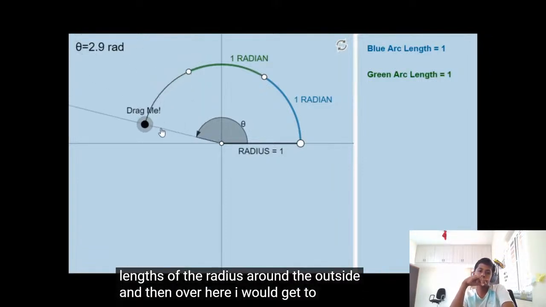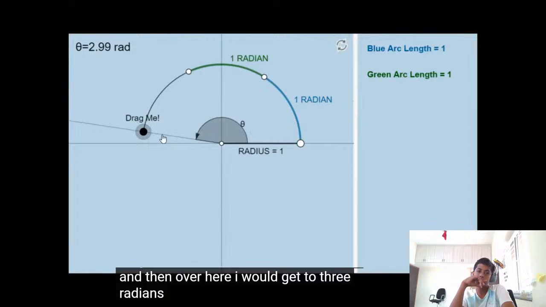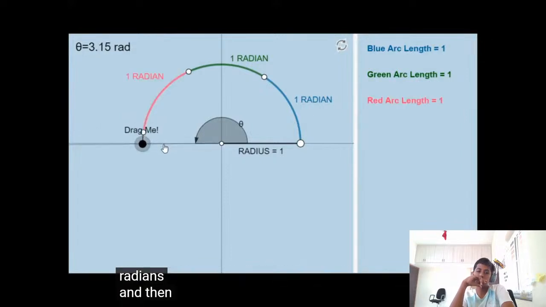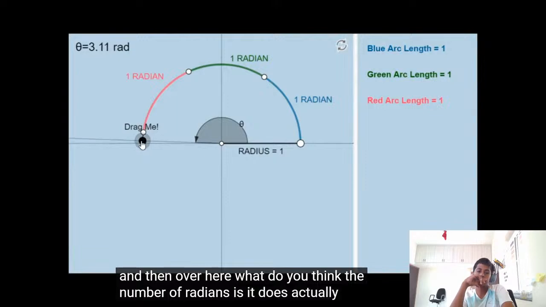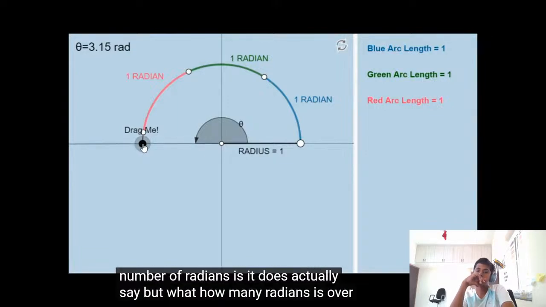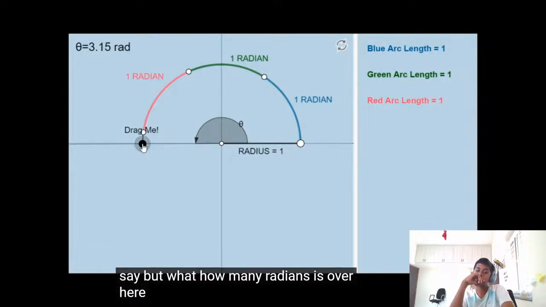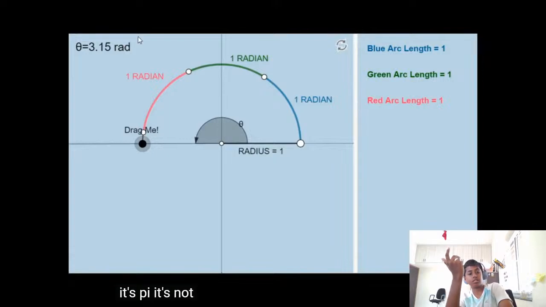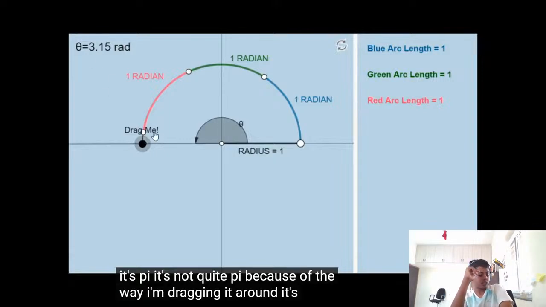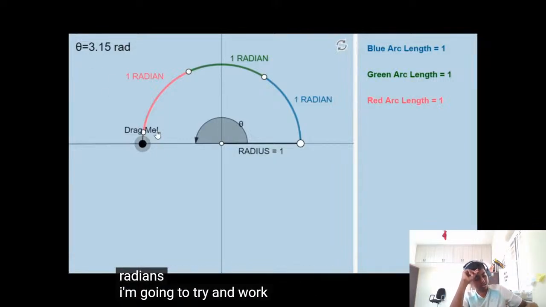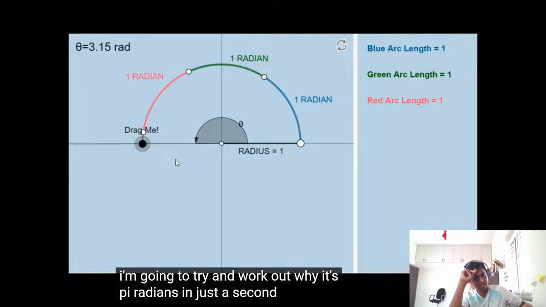And then over here, I would get to 3 radians. And then over here, what do you think the number of radians is? It does actually say, but how many radians is over here? 3.14. It's pi. It's not quite pi because of the way I'm dragging it around. It's pi radians. I'm going to try and work out why it's pi radians in just a second.